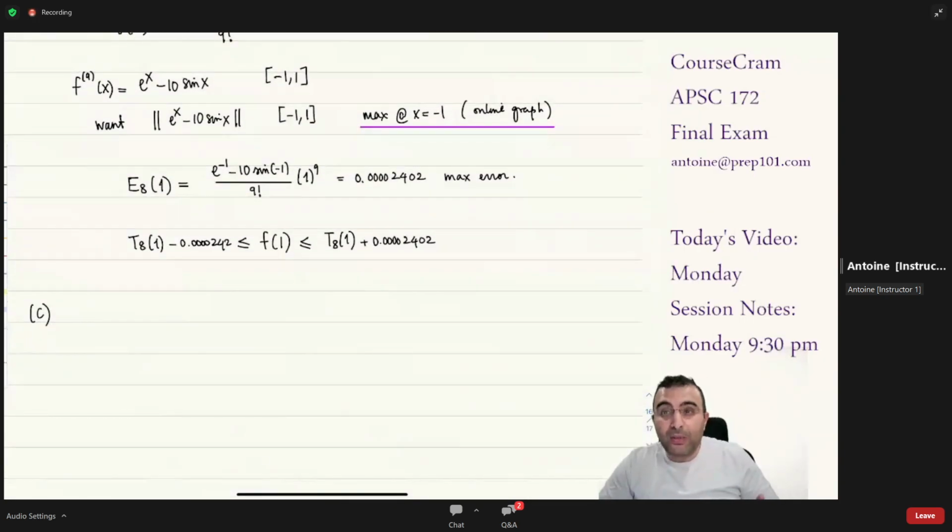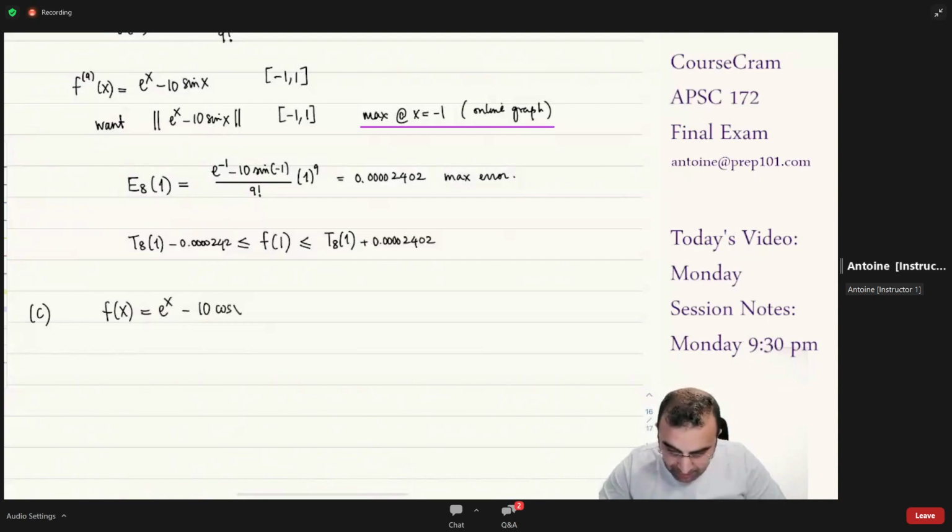So how can we use the alternating series? Look, your f of x is equal to e to the x minus 10 cos x. So clearly, we cannot use the alternating series here. Can we agree to this? So clearly, there is no alternating series. This one is the alternating series.